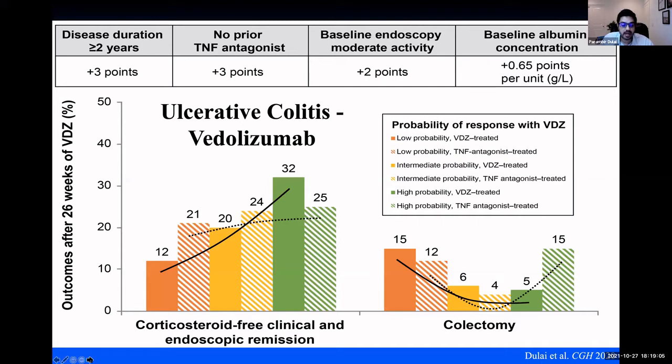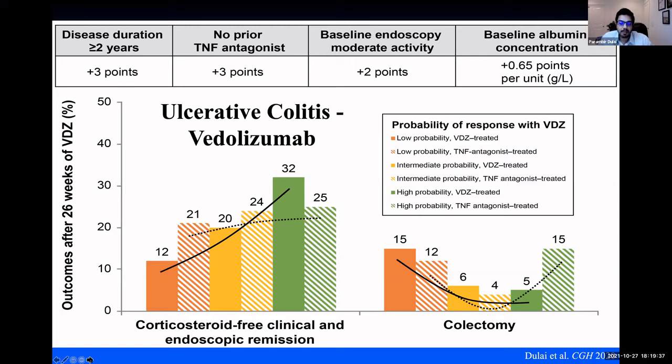So on the left-hand side here, you can see for the outcome of corticosteroid-free clinical and endoscopic remission at week 26, patients who were deemed to have a low probability of vedolizumab with a solid orange bar had lower rates of this outcome compared to a patient who was low probability but started anti-TNF therapy in the dashed orange bars. When you get to the intermediate probability group, those who were intermediate and started on vedolizumab, the solid orange bar, were comparable to those who were intermediate and started on an anti-TNF agent.